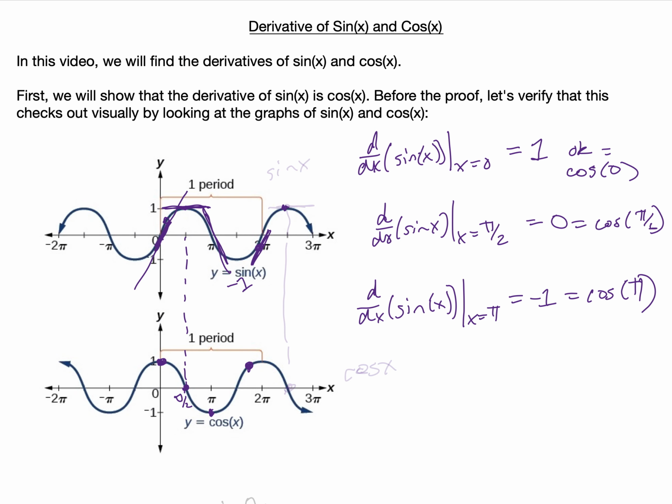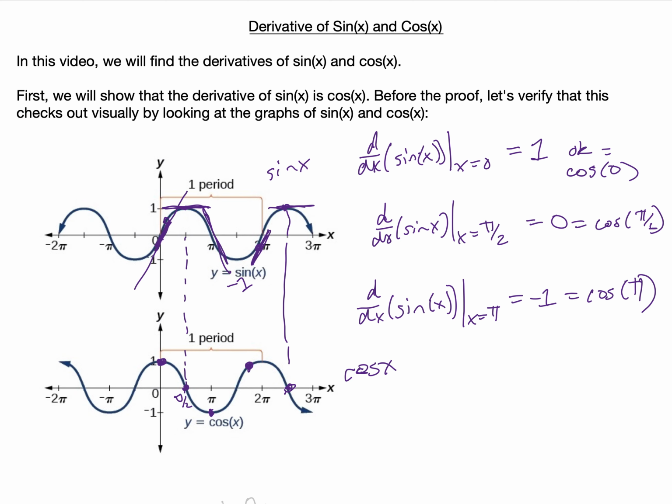Anytime we are seeing a slope of 0, we've got a value of 0 for cosine of x. So basically cosine of x could be the derivative of sine of x from what we are seeing. Now let's prove that that is actually true.